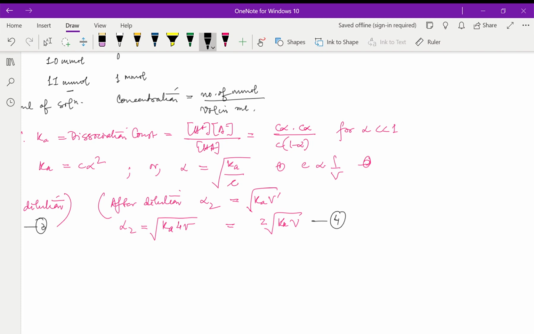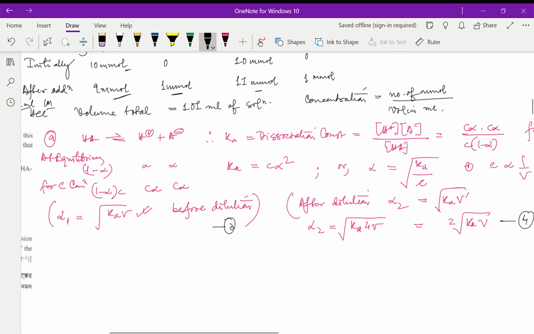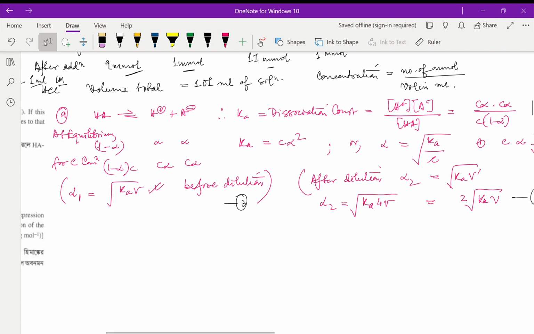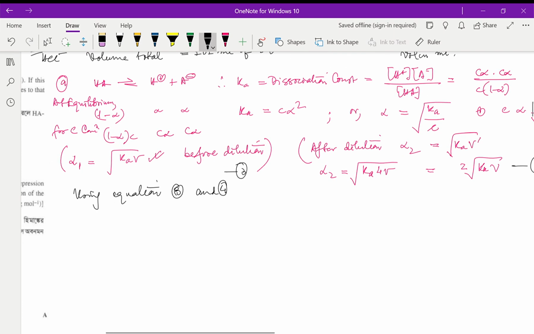Now if we use these two equations, equation 3 and 4, what we can say?